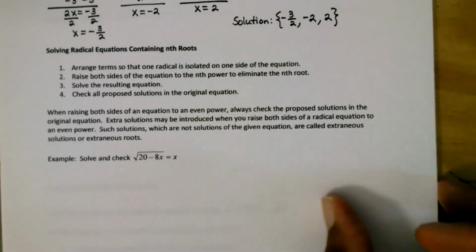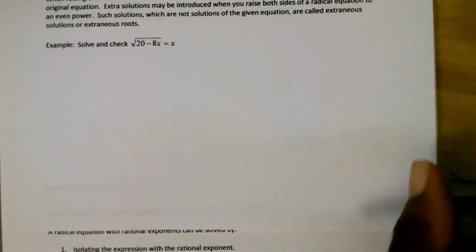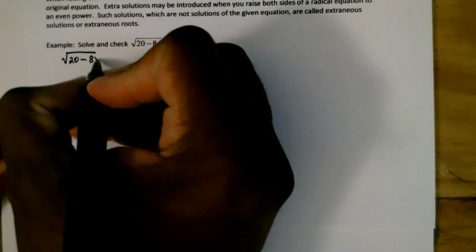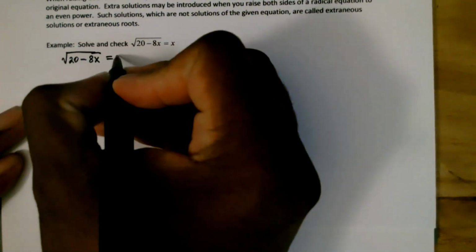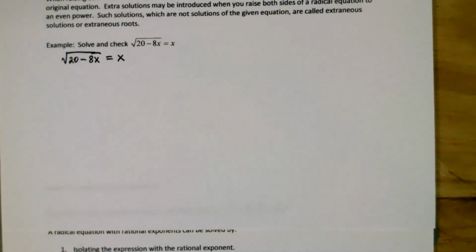Okay, so in this example I'm going to show you, let's say we want to solve and check. In this case, we have the square root of 20 − 8x equal to x. The square root of 20 − 8x equals x, and here I want to solve and check.